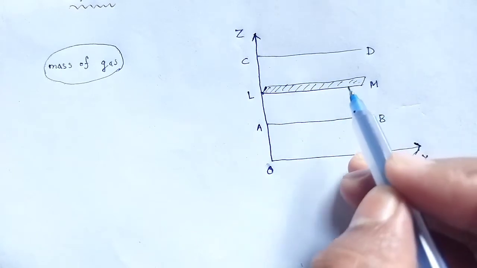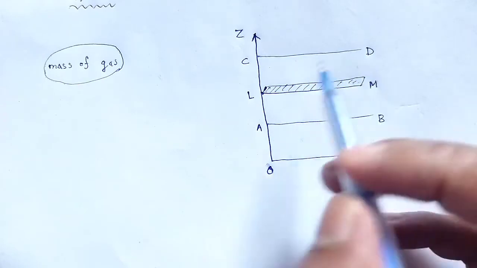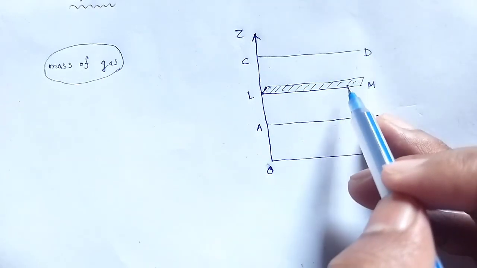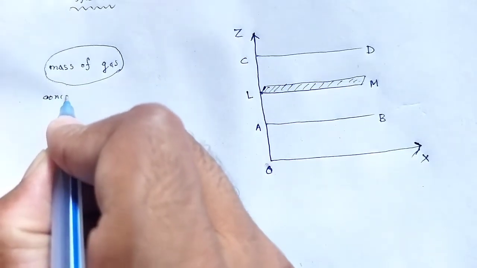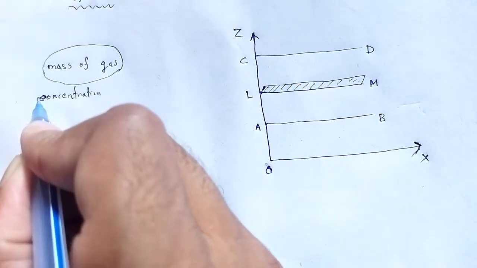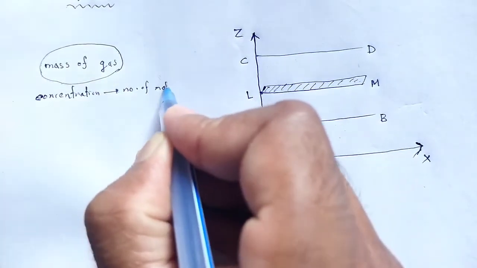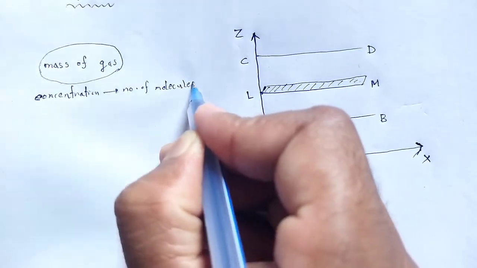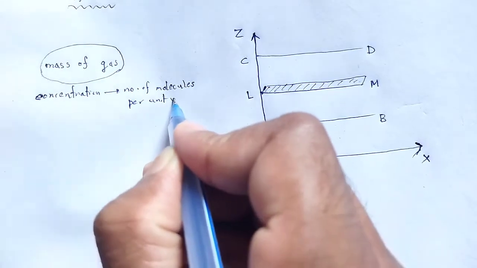Suppose the concentration increases. Concentration means the number of molecules per unit volume.